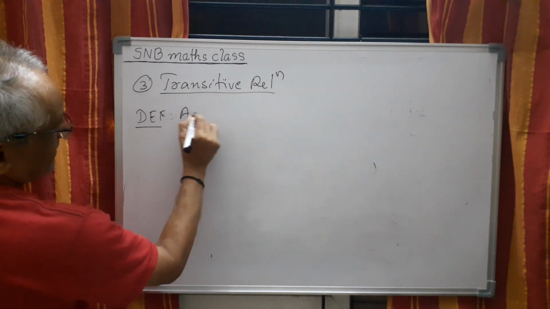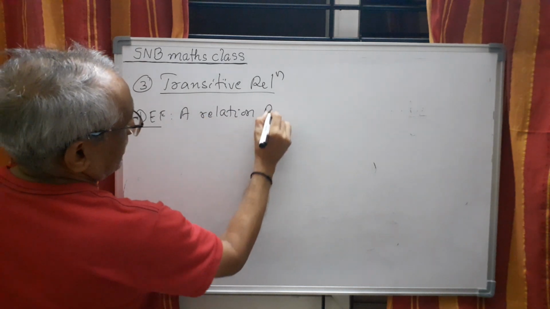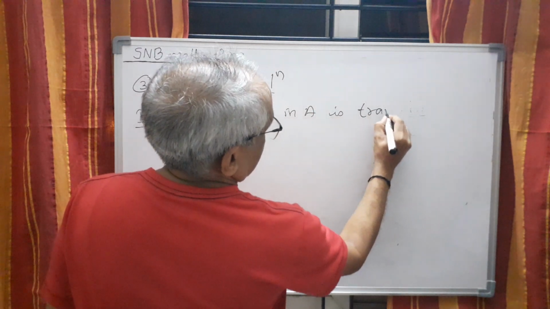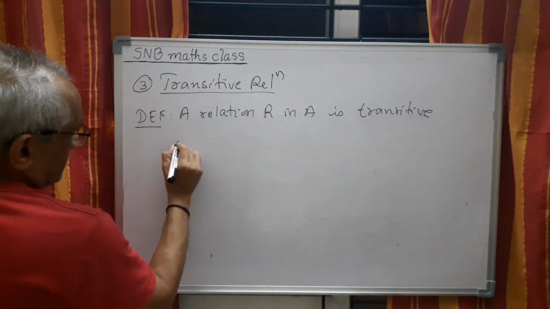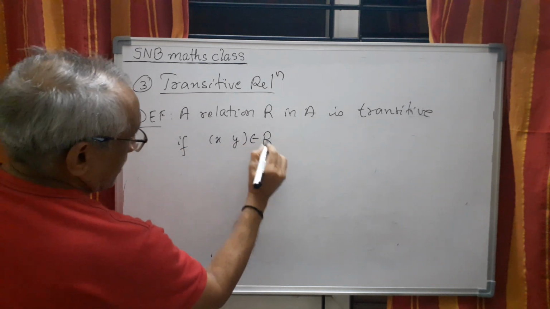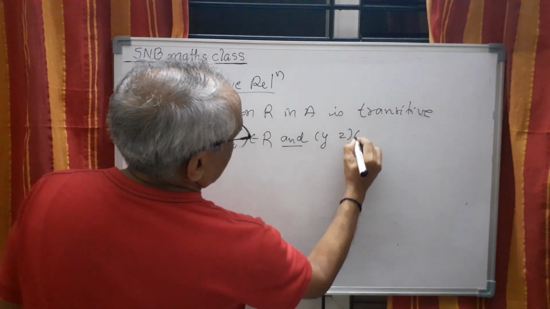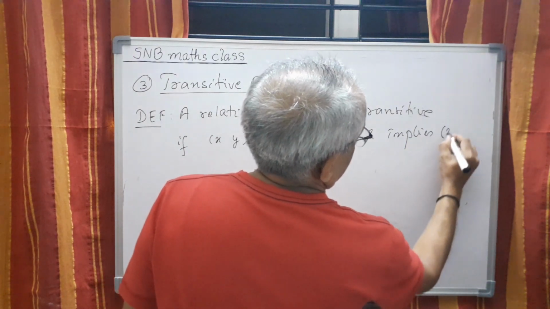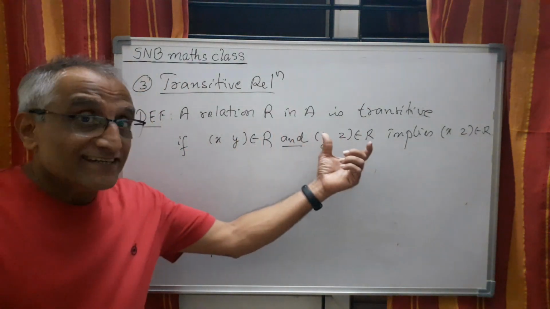A relation R in A is transitive if (x, y) belongs to R and (y, z) belongs to R implies (x, z) belongs to R. See here, this is an if-then condition.